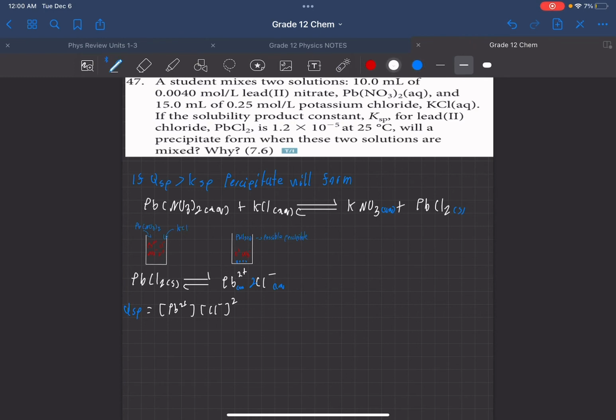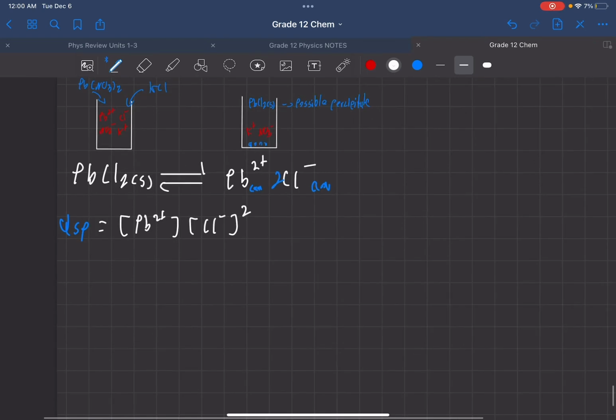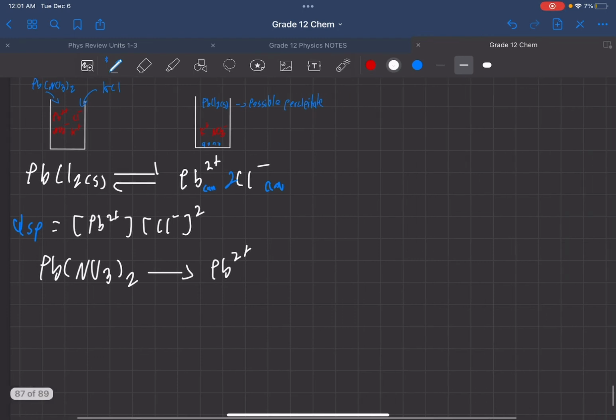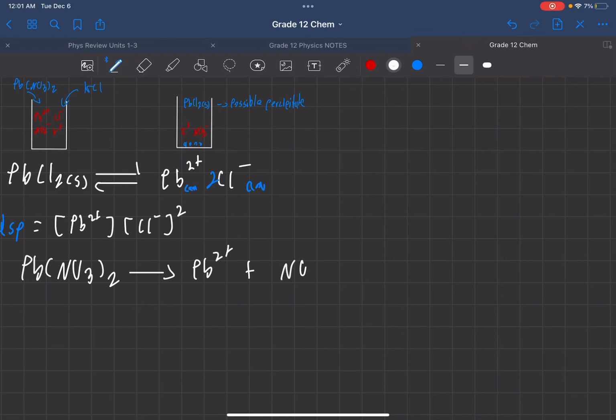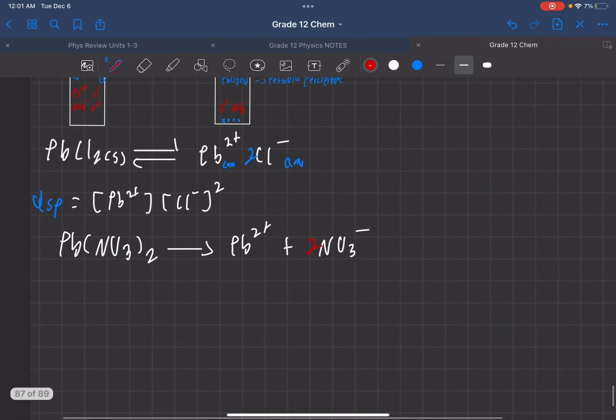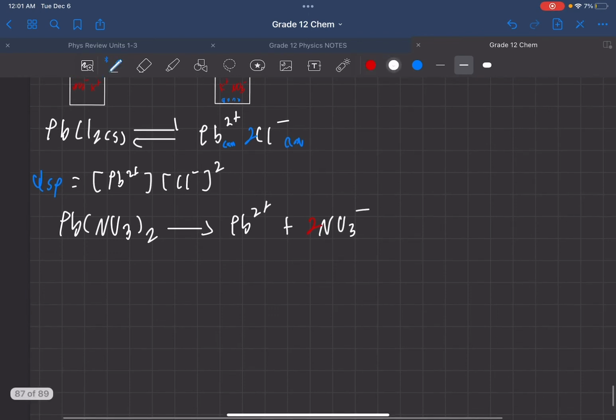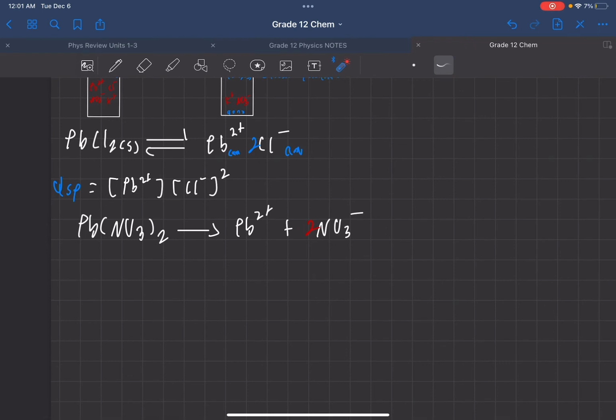So let's first write a balanced equation for lead 2 nitrate. Pb(NO3)2 turns into our Pb2+ and our NO3-, and we put a 2 here. It does not really matter for this question, as these are spectator ions. They are not important. We have a stoichiometric ratio of 1 to 1 between our lead 2 nitrate and our lead ions.